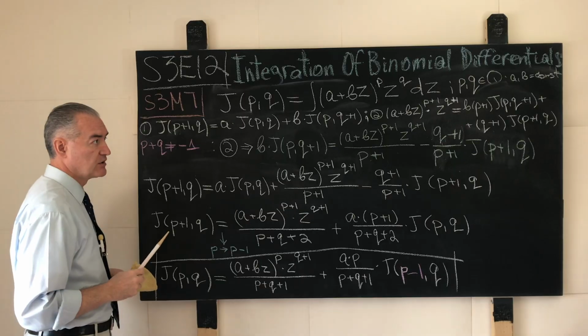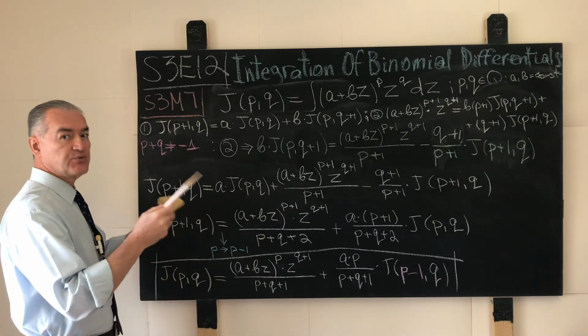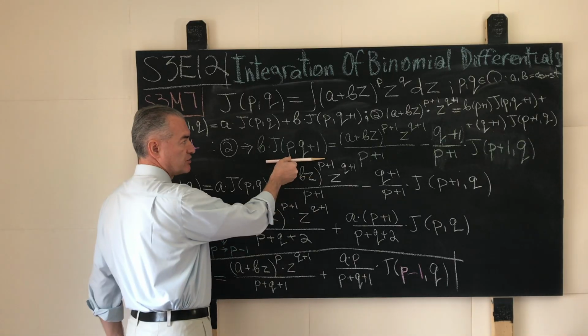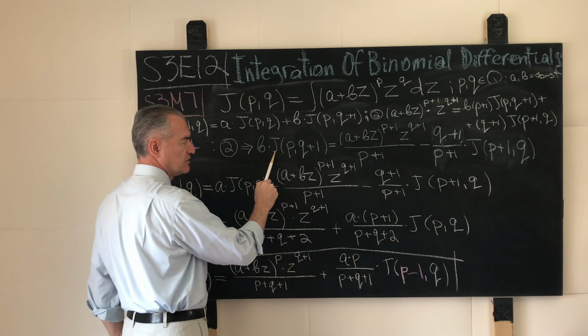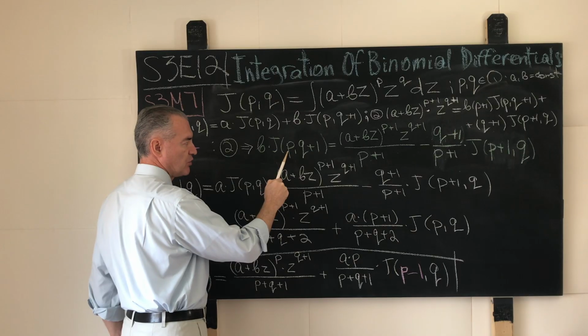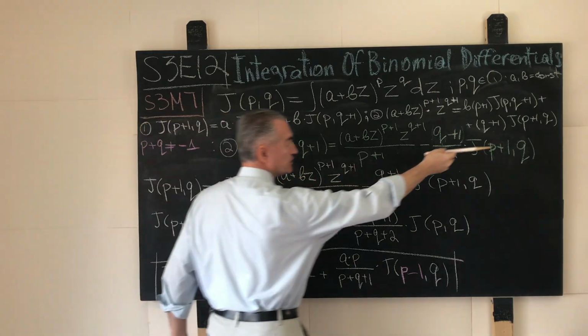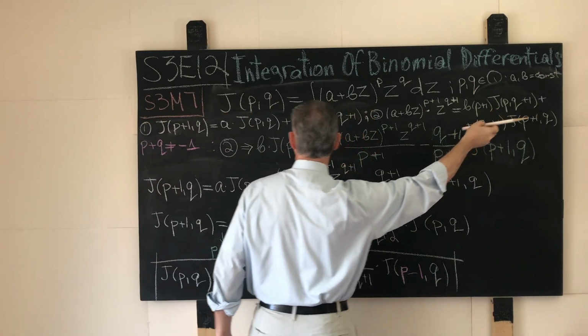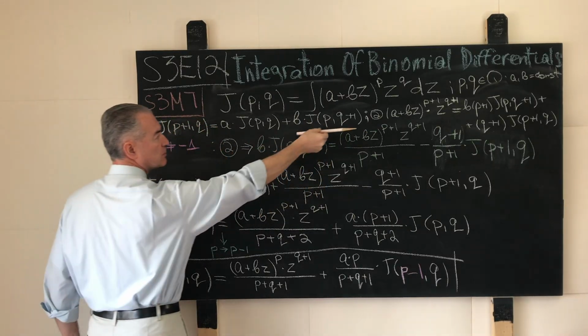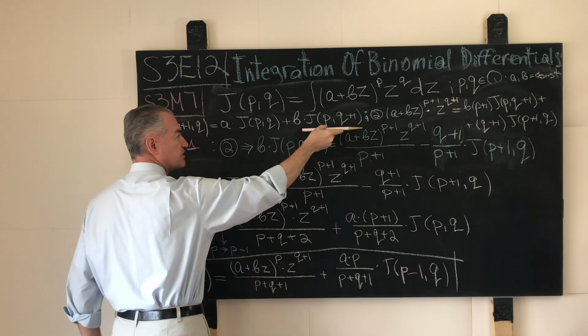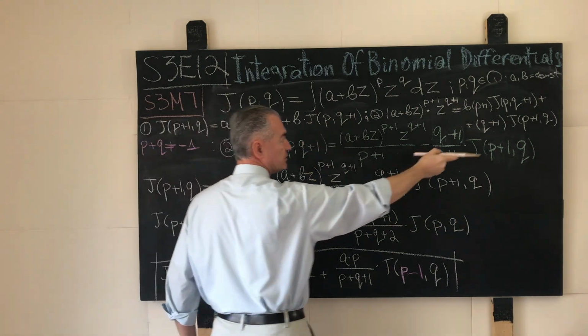So how do we do that? Well, we go to the previous segment, and we express again the integral b times j of p and q plus 1 as this guy, see right here, because this is what we have in formula number 1. We have almost precisely the same material here.